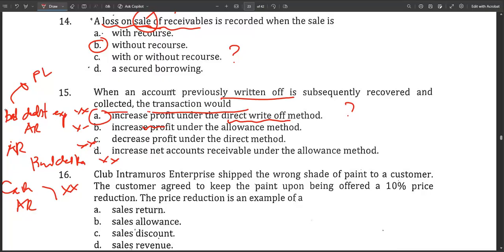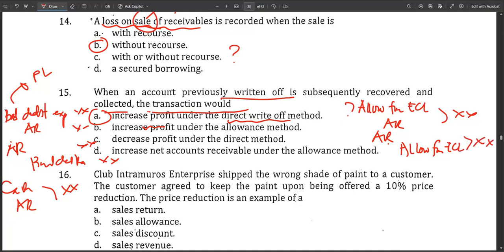Because it goes like this: under the allowance method, when you recognized the allowance for ECL, you credit AR. Okay, that's the entry. When there is a recovery, debit AR and reverse or reinstate the allowance for ECL. So that's how it is.